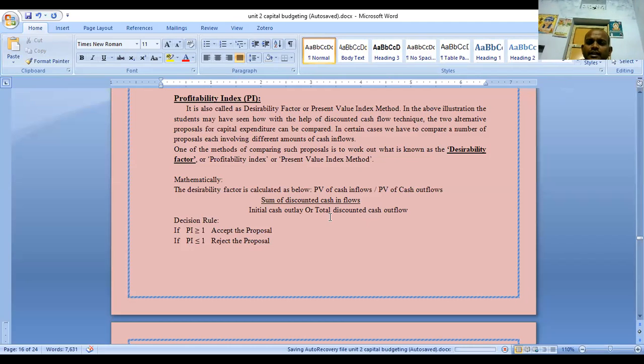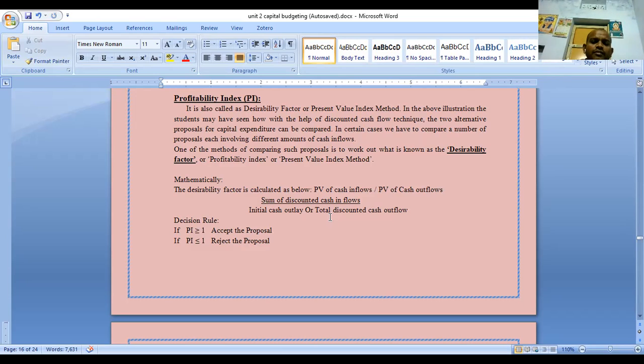In certain cases, we have to compare a number of proposals, each involving different amounts of cash inflows. So one of the methods of comparing such proposals is to work out what is known as the desirability factor. That is nothing but the profitability index.